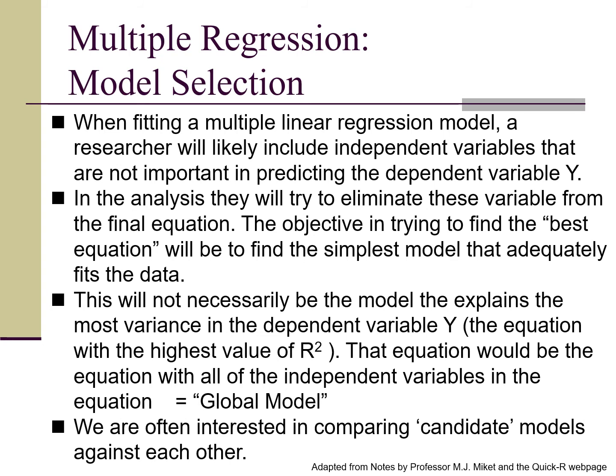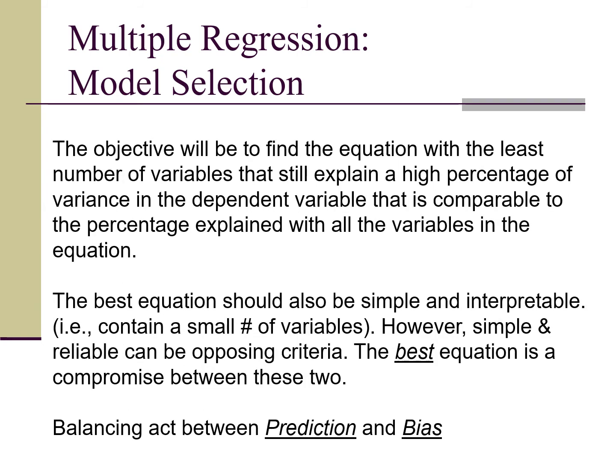And so we need rules that allow us to say, when is adding another variable justified? When does it actually help to create a good estimating equation? And so we're often interested in comparing candidate models against each other in some organized fashion.